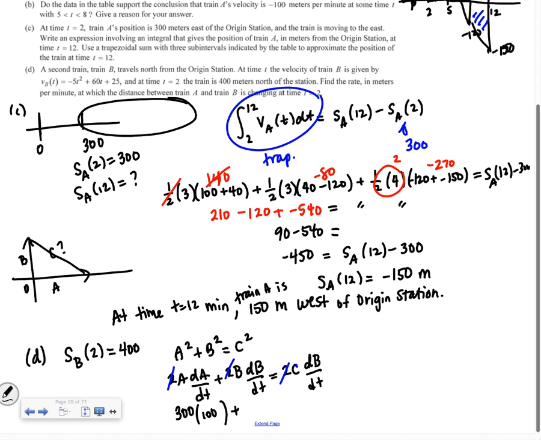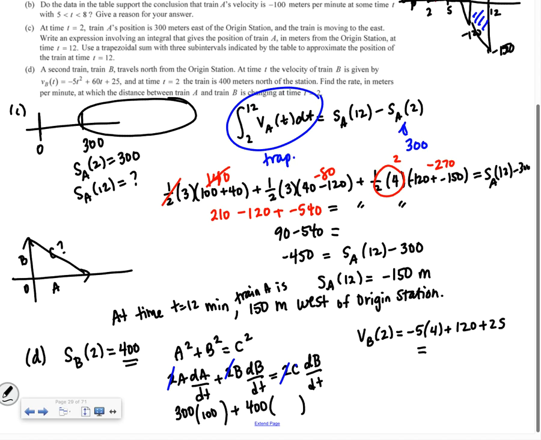And then we know B, we know its distance is going to be 400 because we were given it right here. And then its rate of change, where did it say that? The velocity of train B is given by v of B, so we have to find it. So v of B of 2 is going to be negative 5 times 2 squared, so 4, plus 120 plus 25.